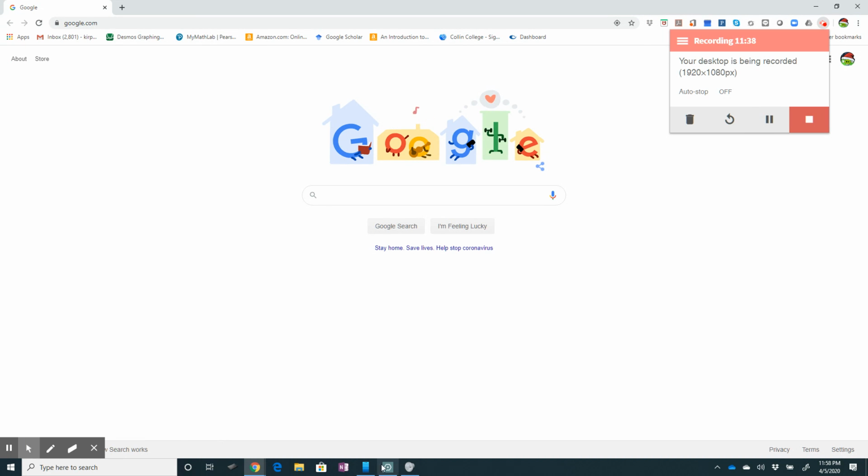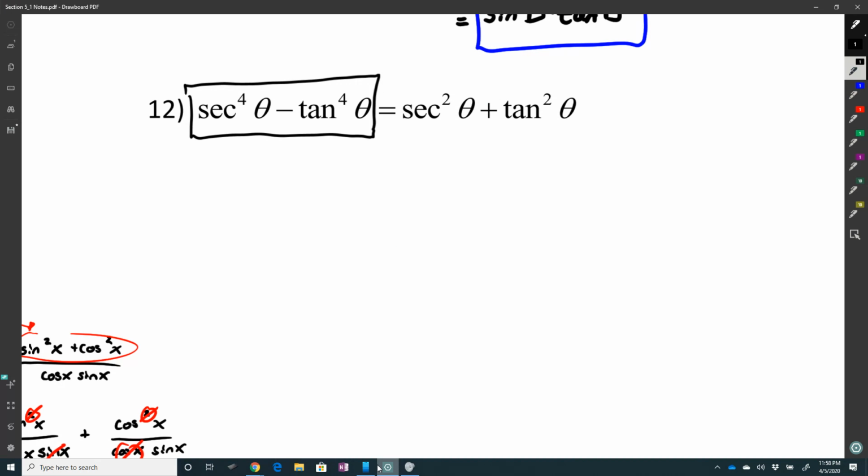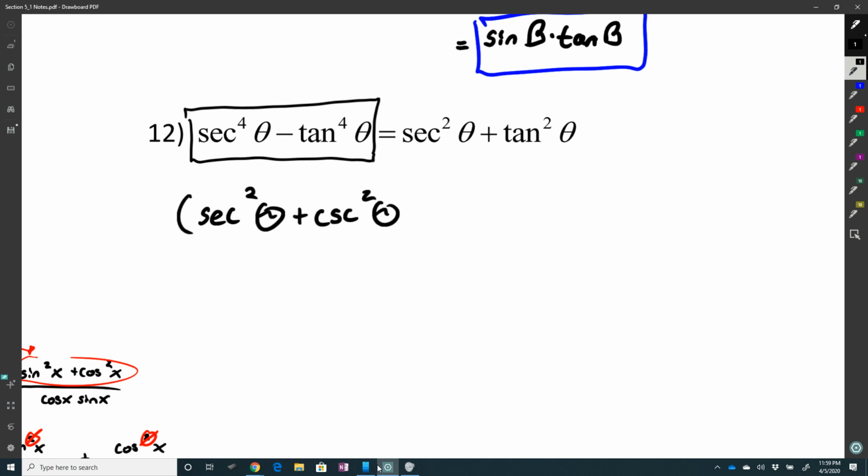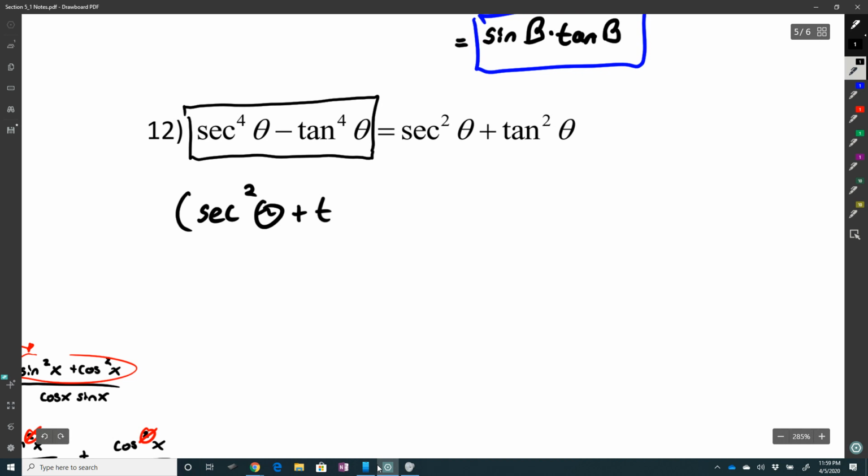All right, so I was looking at my notes, and just while looking at this, I realized that there's an easier way to do it. I'm going to do it both ways, though, to show you. So here, if I deal with it to the fourths, I have secant squared theta plus, wait a minute, sorry, secant squared plus tangent squared theta.